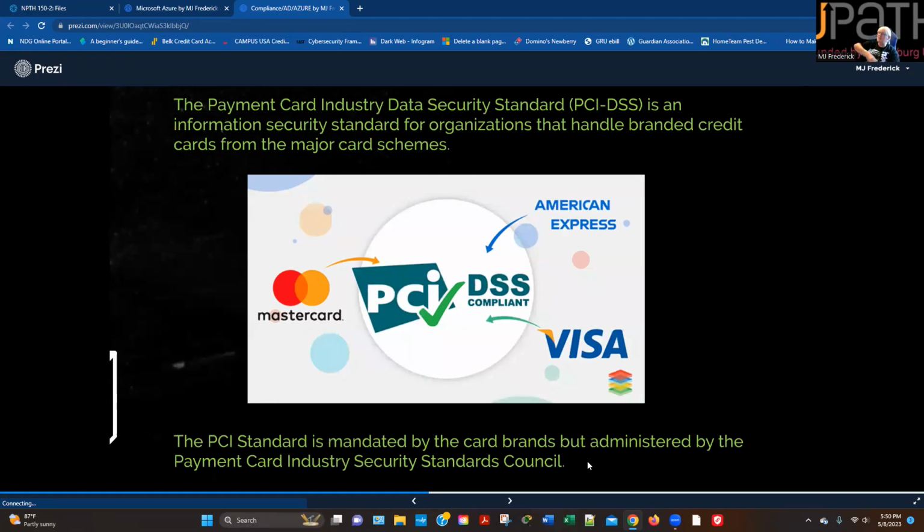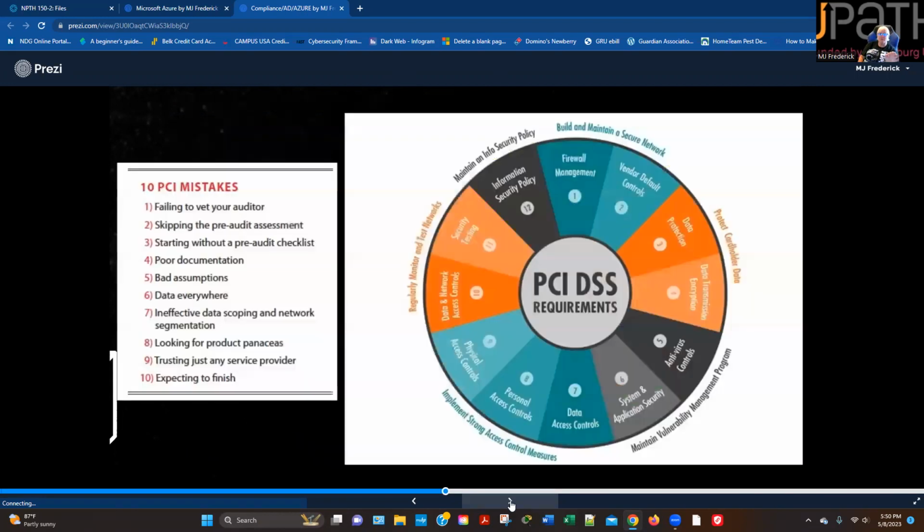So they're the ones setting up what you would have to do if you were handling credit cards. You'd have to follow their compliance rules, regulations, and policies. So PCI DSS, that's who they are. And it's through the Department of Commerce.